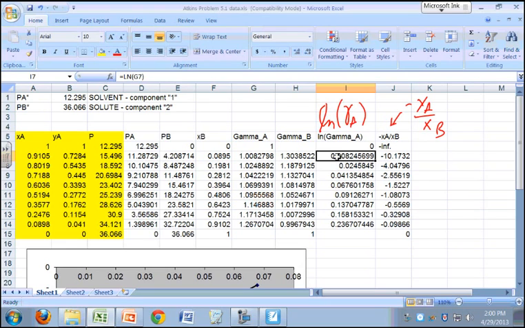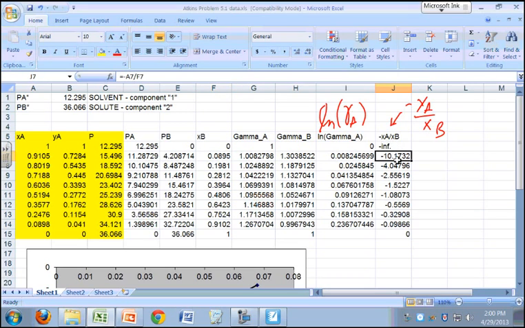This one is ln of G6, this is ln of G7, this is ln of G8, and so on. All right, and then negative X of A over X of B. For the first one, it's going to be undefined, negative infinity, because X of B here is going to be 0. Right, so we're not going to calculate that.